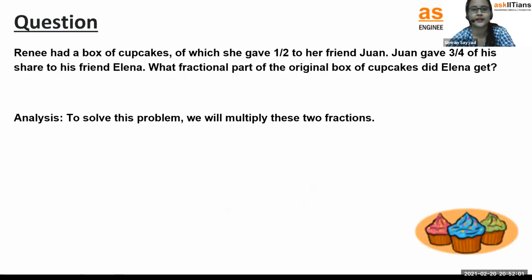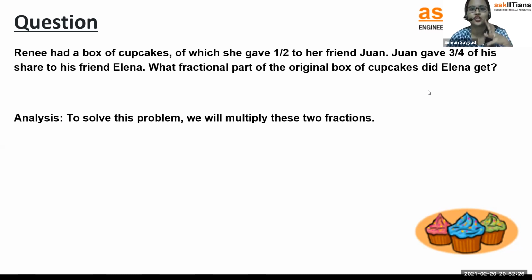Now let's see one question which says: Reena has a box of cupcakes, of which she gave one half to her friend Juan. ठीक है? Then after that, Juan gave 3 by 4 of his share to his friend Alina.